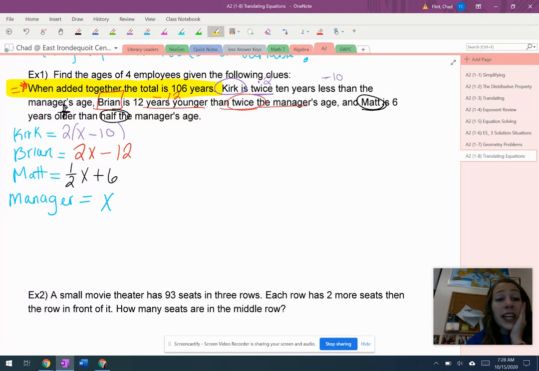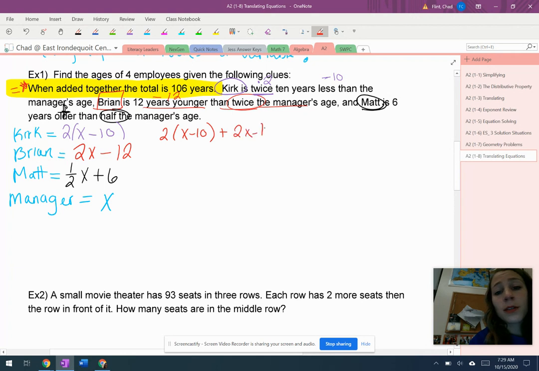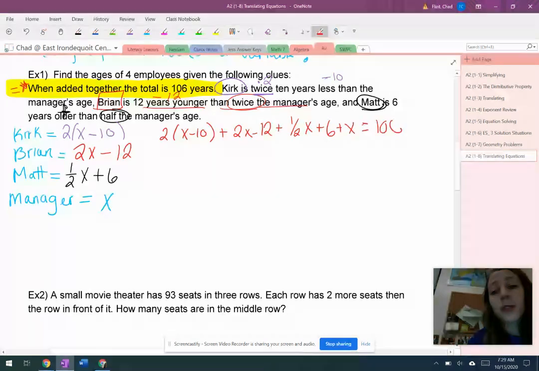So when added together, the total is 106 years. So that means they want me to add all of these things together and set it equal to a total of 106. So 2 parentheses X minus 10 plus 2X minus 12 plus 1/2 X plus 6 plus X is equal to 106.